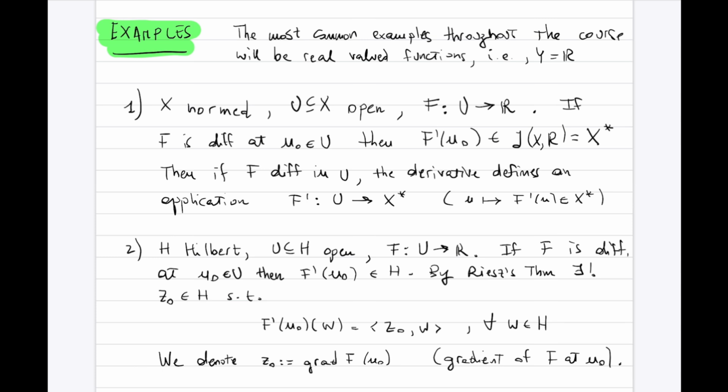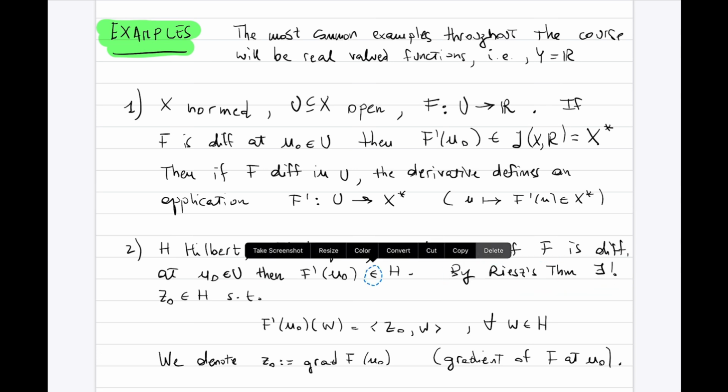Sorry, let me think how to say it. I mean, belongs to H in a sense. That's what I want to say after. So f prime is just a functional. So it's linear continuous from H into R.